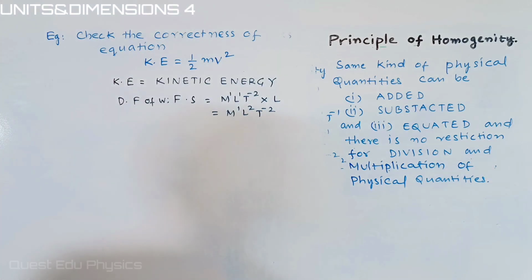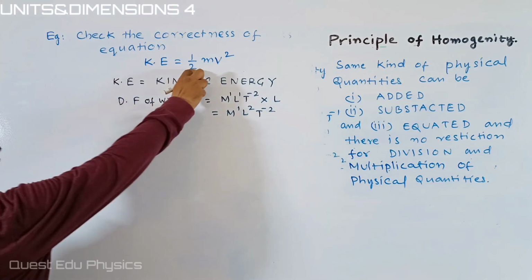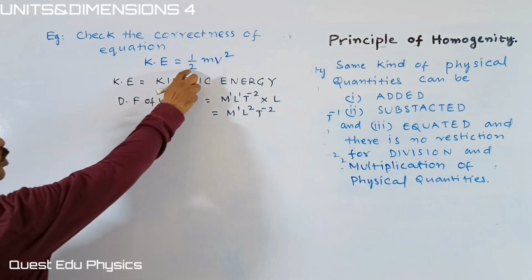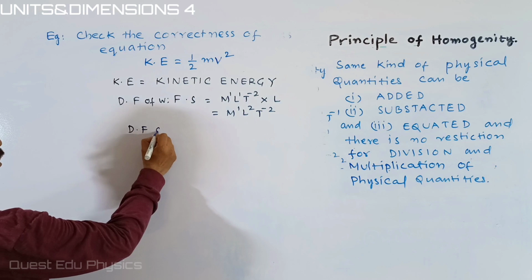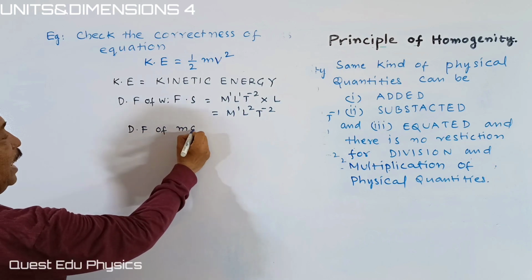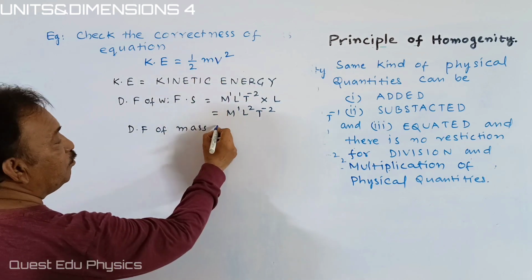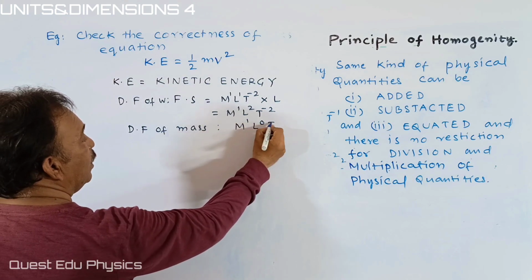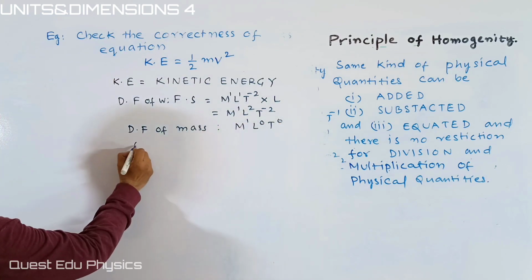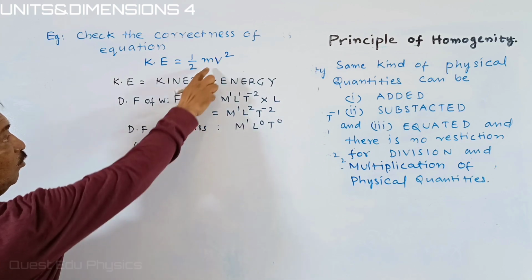Okay, students. We have to show it equal to half mv square. Numbers don't have any meaning in it. And we are writing the dimensional formula of mass. Another physical quantity I am taking, what is it? M1, L0, T0. Then the dimensional formula of velocity.